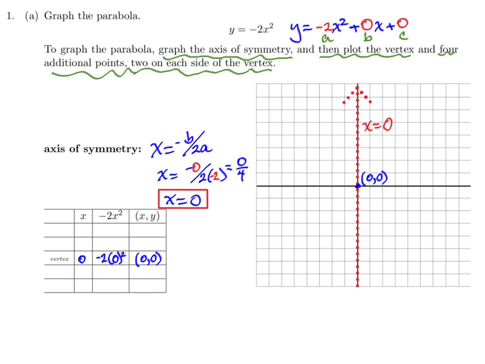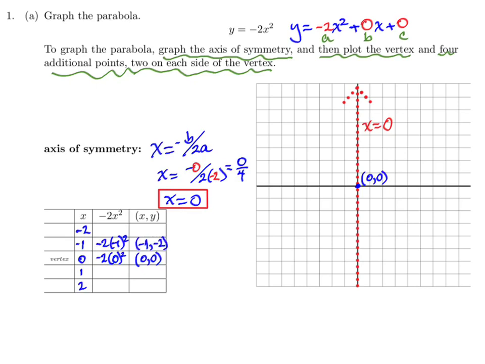So we're going to choose x-coordinates on the left of 0 and x-coordinates on the right of 0. So let's choose negative 1 and negative 2 on the left, and then positive 1 and positive 2 on the right. Now I'm going to plug in negative 1. I get negative 2 times negative 1 squared, which is negative 2 times positive 1.